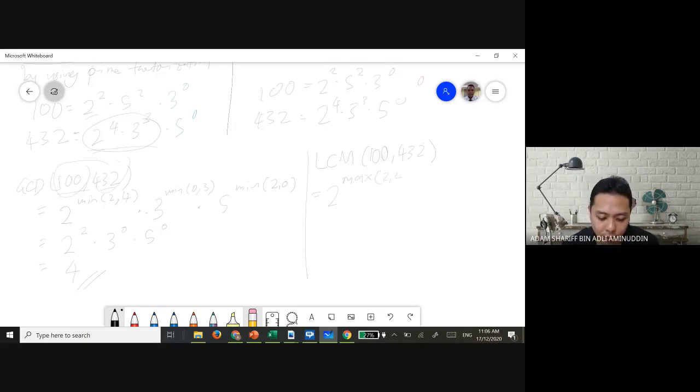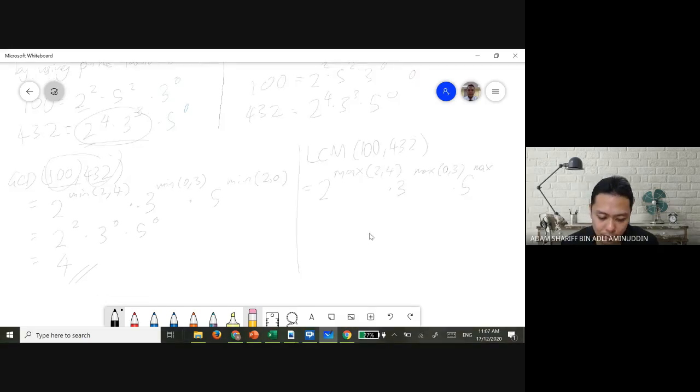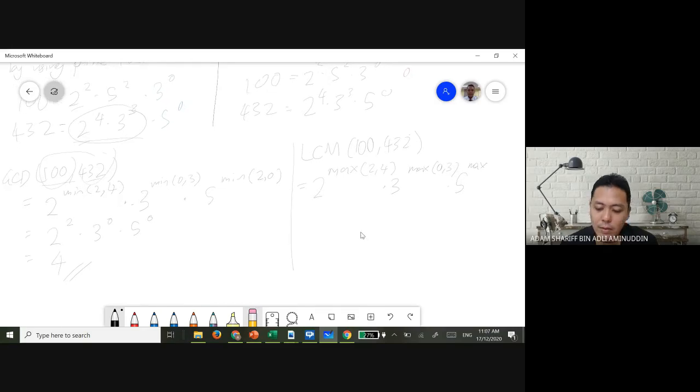Maximum of 2 to the 4, times 3, maximum of 0 and 3, 5 maximum of 2 and 0, becomes 2 to the power of 4 times 3 to the power of 3 times 5 to the power of 2.